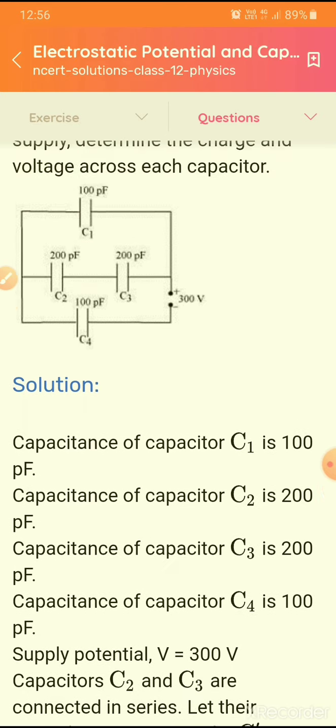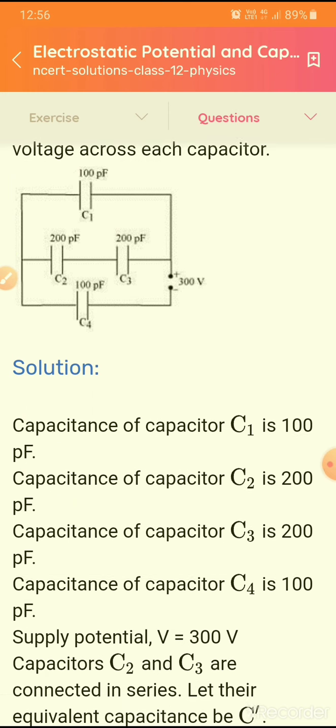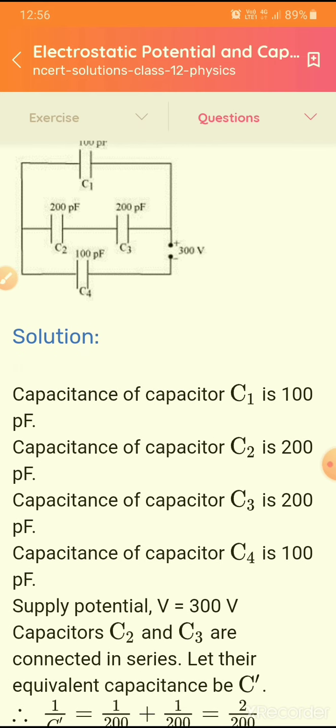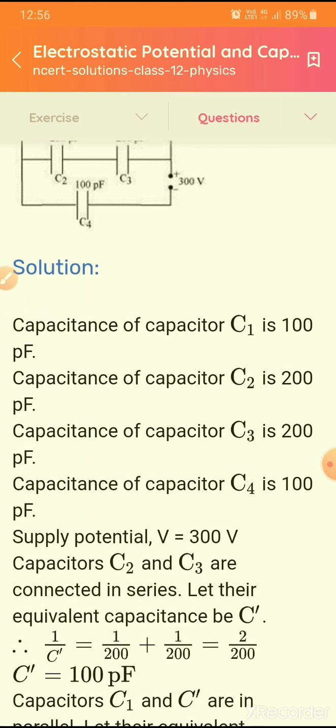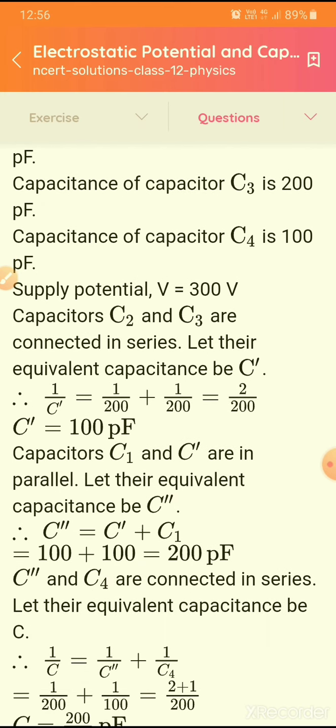Here the capacitors C2 and C3 are connected in series, and C1 and C4 are connected as shown in the diagram. So first we have to find the equivalent capacitance of the middle two. Capacitors C2 and C3 are connected in series, so let their equivalent capacitance be C dash.